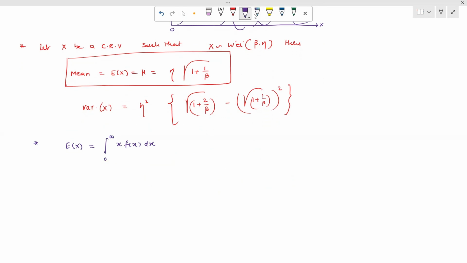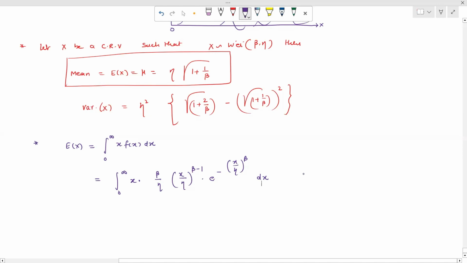So we write the integral from 0 to infinity of x into f(x). What is f(x) here? We can use the two-parameter form, which is beta upon eta into (x upon eta) raised to the power beta minus 1 into e raised to the power minus (x upon eta) raised to the power beta, dx. So we are solving for two parameters.